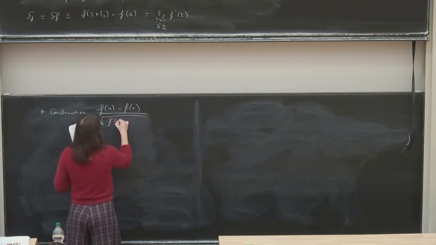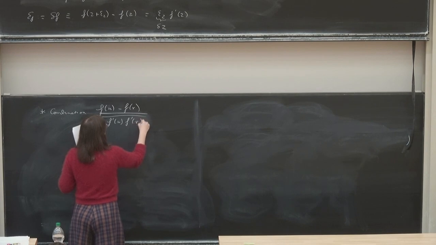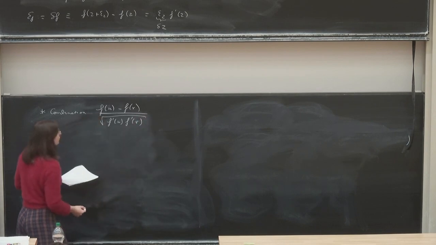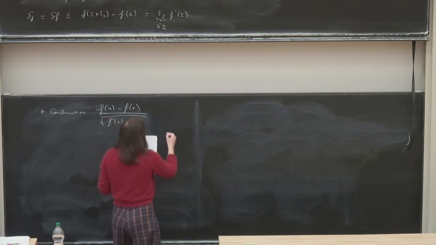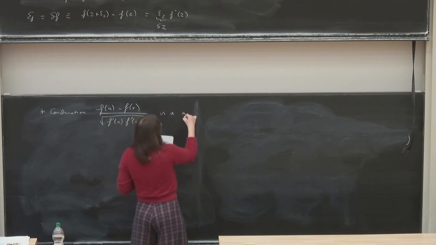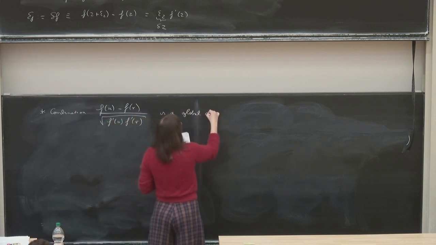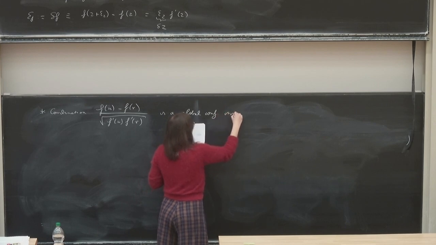Sometimes I'll use u and v instead of x1 and x2 for the endpoints, okay? So this combination is a global conformally invariant combination.